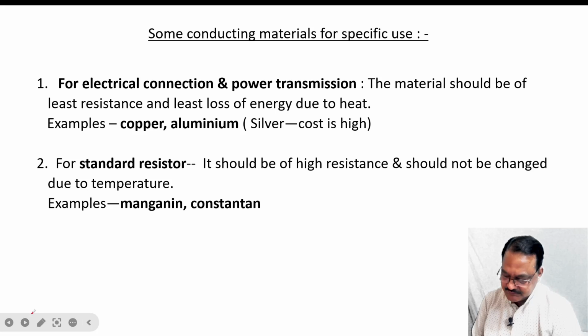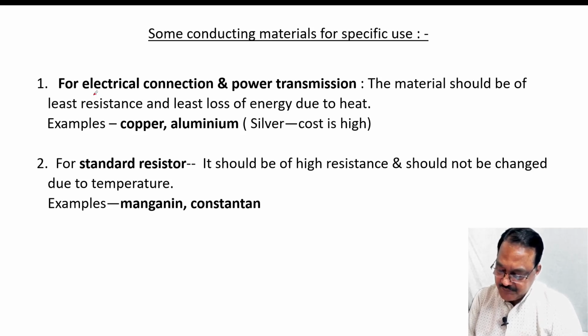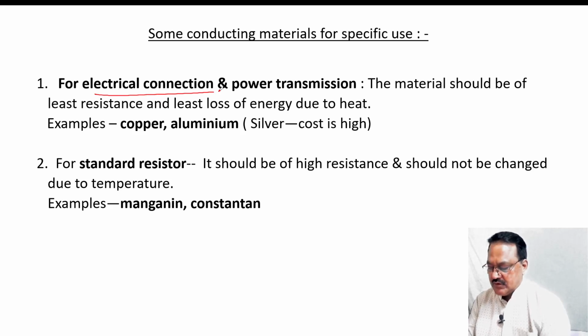Okay, fine. Let's move next. Here we will study about some of the materials which are used for special tasks. For electrical connection and power transmission, we generally use aluminum or copper. Aluminum is less costly compared to copper. See, power is generated at the power station that is situated at a remote area from the cities or villages.